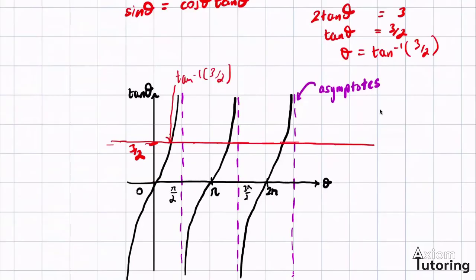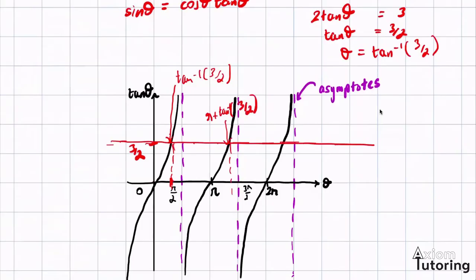You can compute that in your calculator, but I don't want to round, so I'm just going to leave it as I've written it. So this is our first solution here in radians, but we can see that there is one more solution here within our interval, and that's just equal to pi plus tan to the minus 1 of 3 over 2.